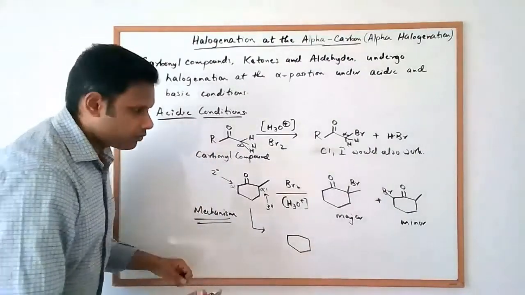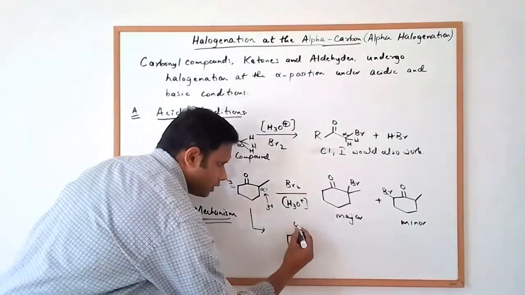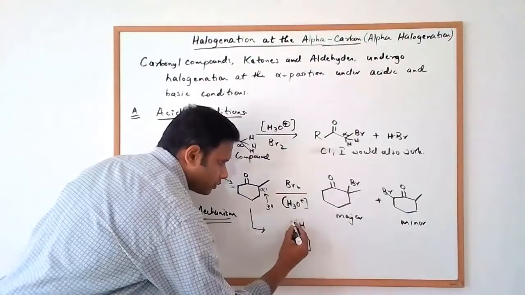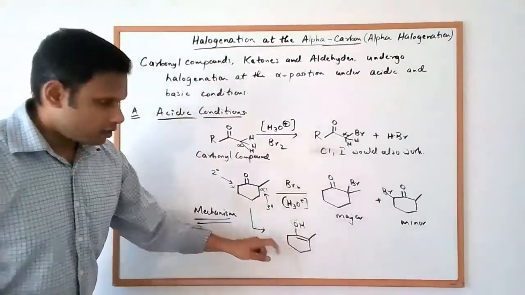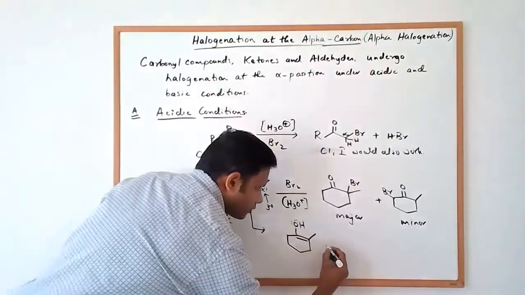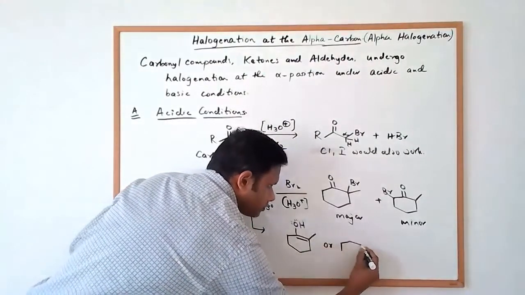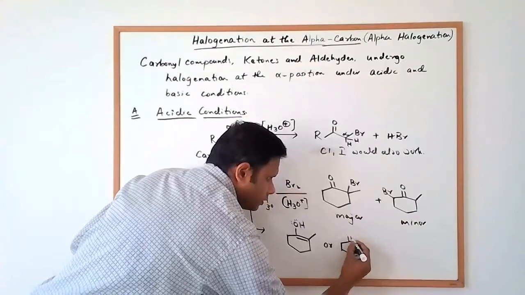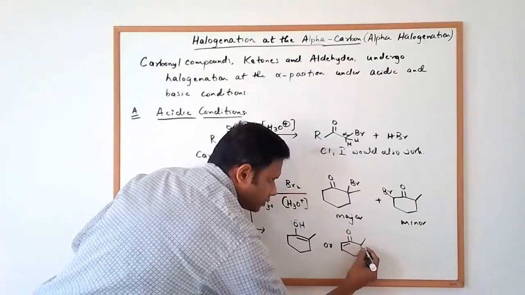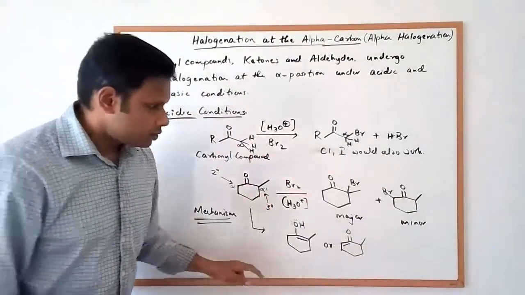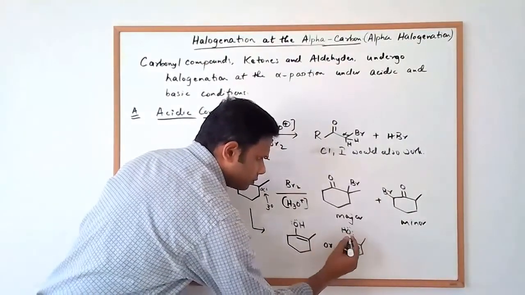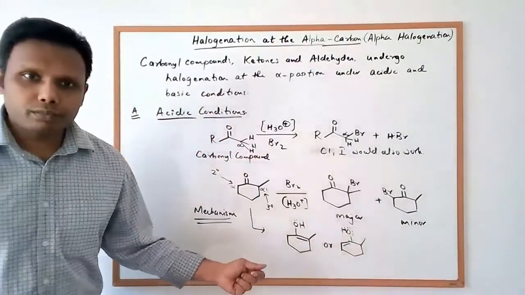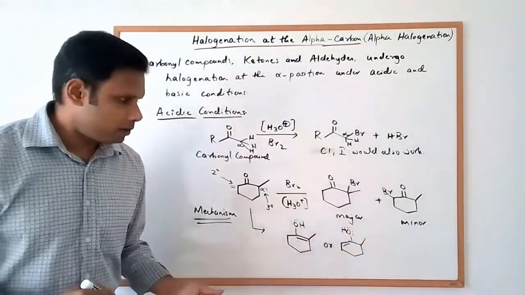Okay, the enol is formed under these conditions, and the enol serves as a nucleophile. So we're going to make the enol either this one or you're going to have another enol, which is this one. So those are two possibilities for the enol.